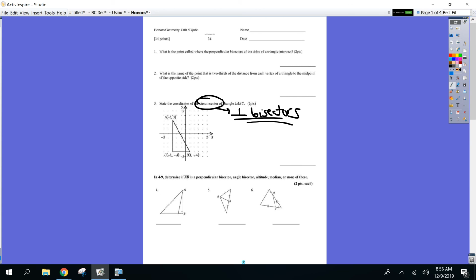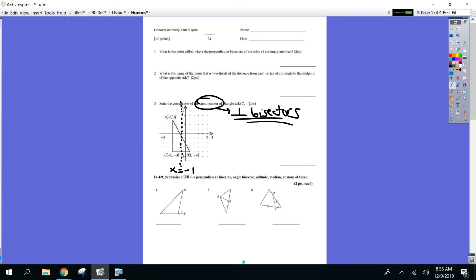So if you take -3 and count over to 1, that's a distance of what? 4. So this line's going to go 2 over from each, right there at x equals -1. My coordinate was a little bit tougher. Why? As you go from 3 to -4, what's that distance? 7. So when you cut that in half, that's 3.5.